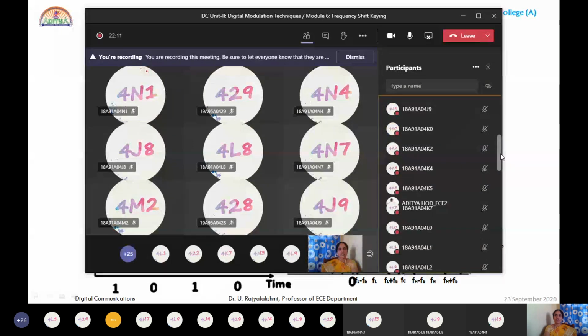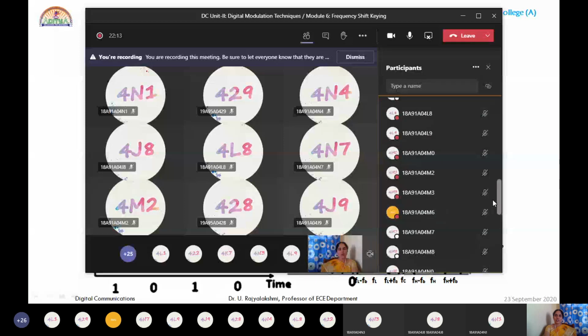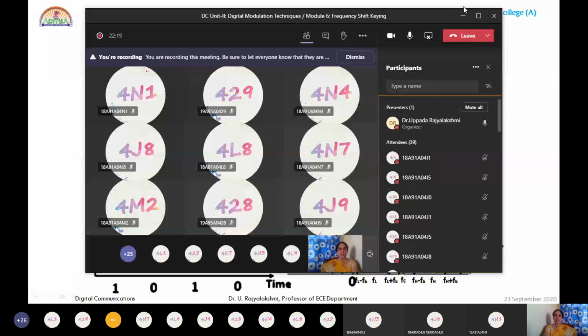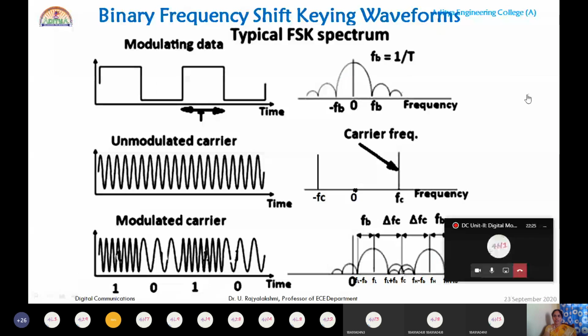See, a total of 39 students are there. No one is responding yet. See how many students are there. Please, any one of you respond and tell me what is the lower cutoff and what is the higher cutoff.